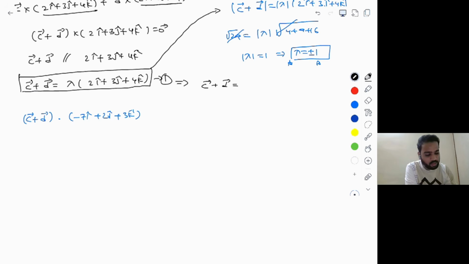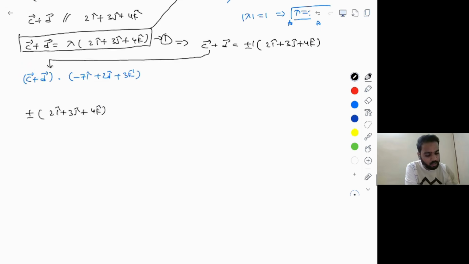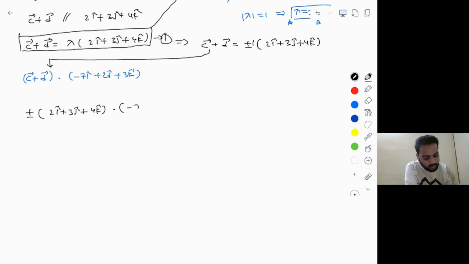C bar plus d bar is equal to lambda, whose value is plus or minus 1, times 2i plus 3j plus 4k. You can take this vector c plus d and substitute in this one. So finally, what do we get here? Plus or minus of 2i cap plus 3j cap plus 4k cap, and then dot product with minus 7i cap plus 2j cap plus 3k cap.